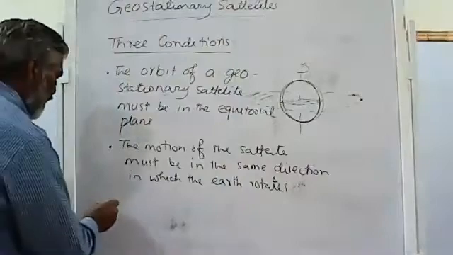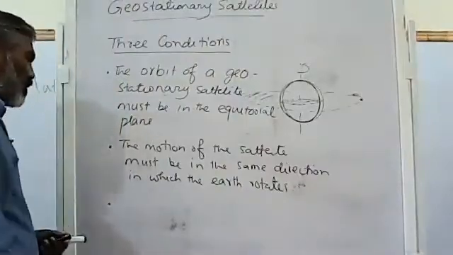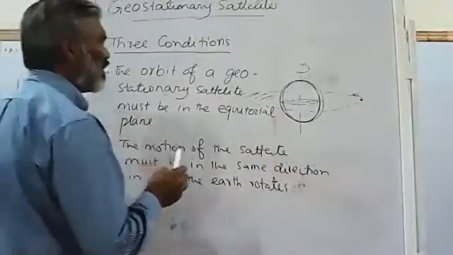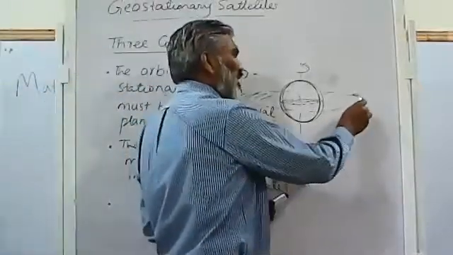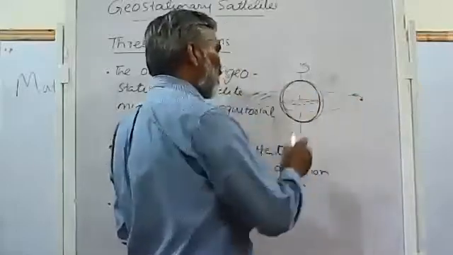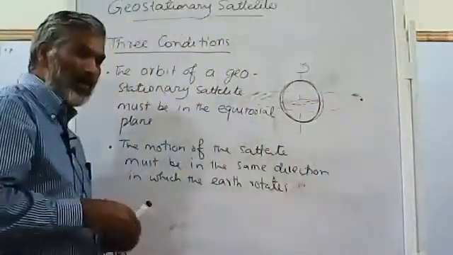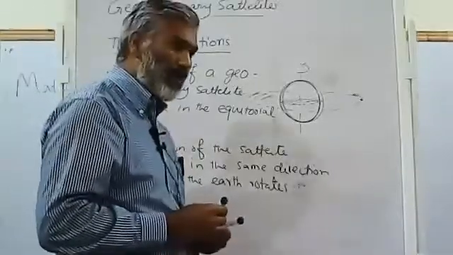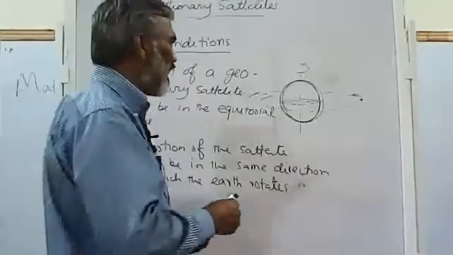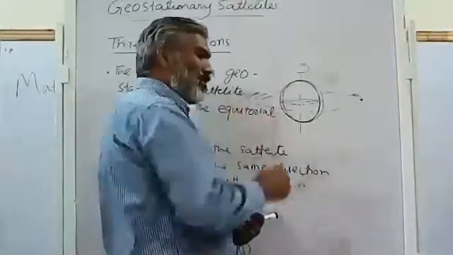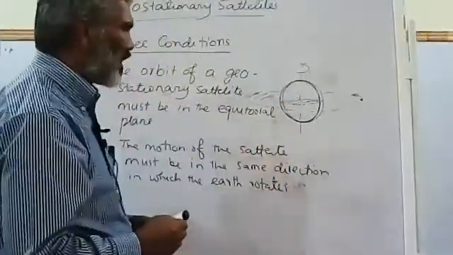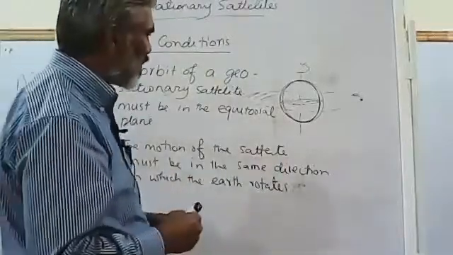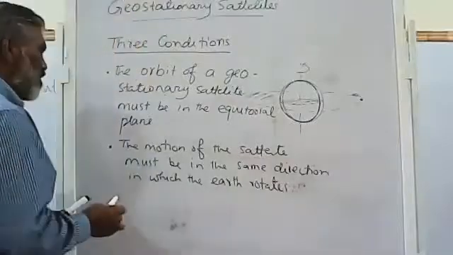Number 3, which is the most obvious requirement, is that the time it takes to complete one orbital motion, one round trip, must be the same as the time taken to complete one rotation by the earth. So this is synchronization. The two must be synchronized in time.